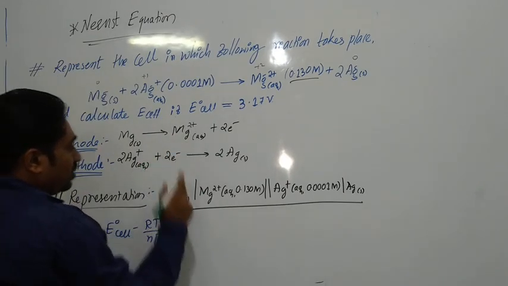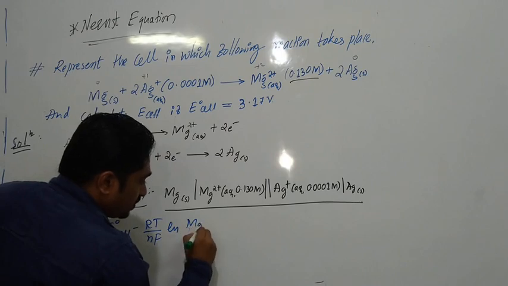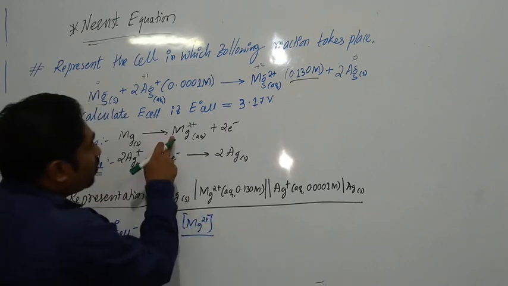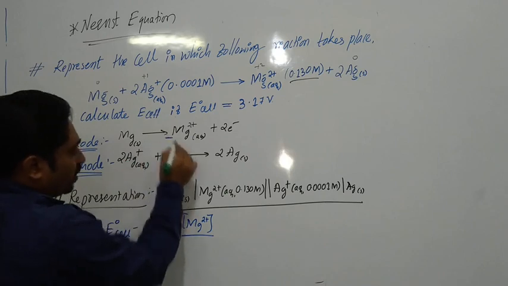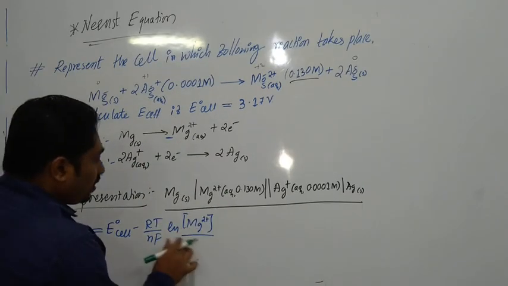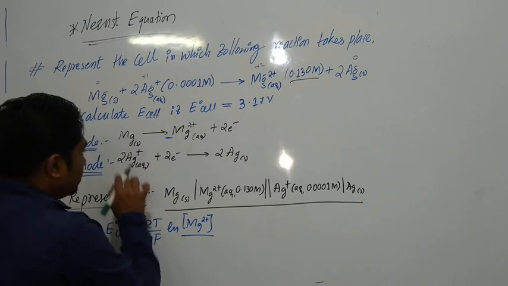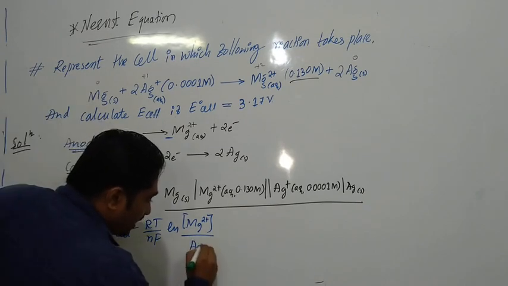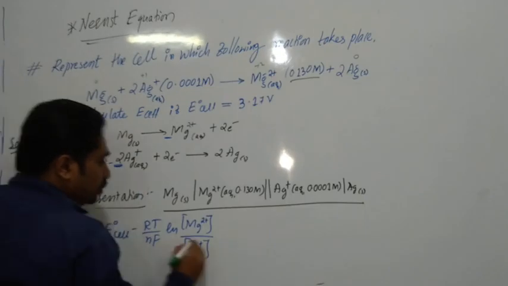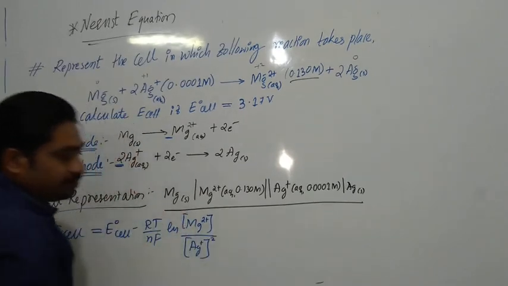Which one is oxidized? Magnesium. Mg2+ raised to 1, since for Mg the coefficient is 1, divided by the reduced form Ag+ whole raised to how much? Here the stoichiometric coefficient is 2, so I have to take 2.